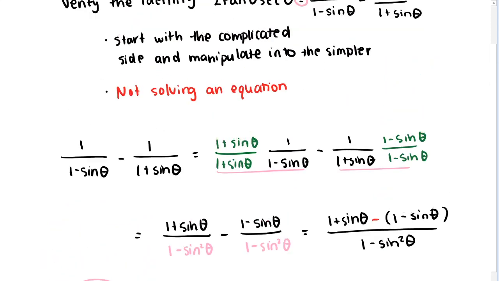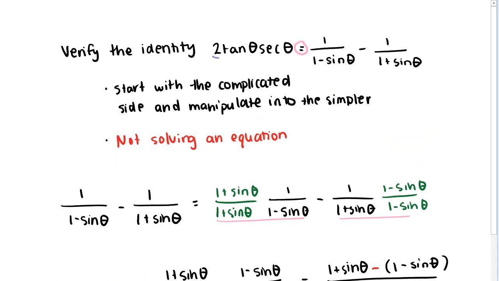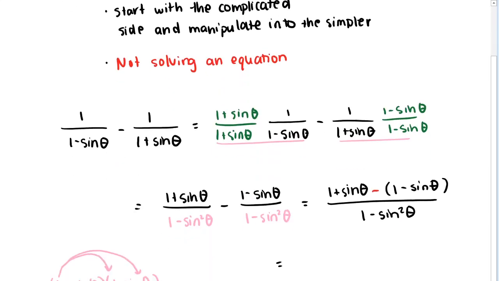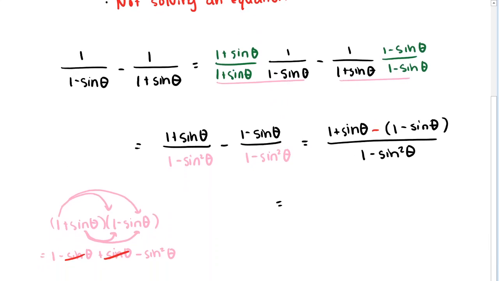Again, our goal at the end of the day is to end up with this expression 2 times tangent of theta times secant of theta. And it's not clear that we're going to end up there so far, but this is the most apparent approach I can think of, just to put these two fractions together. Sometimes we just need to run with it and see if anything falls out. So subtracting away that numerator gives us 1 plus sine of theta, we have minus 1, and then minus negative sine of theta gives us plus sine of theta.